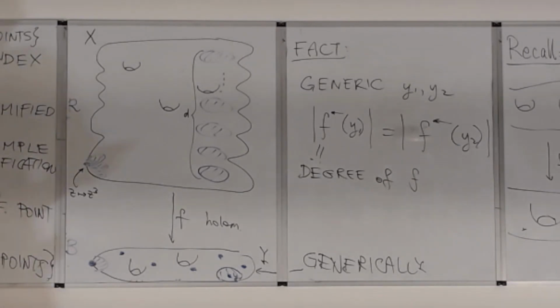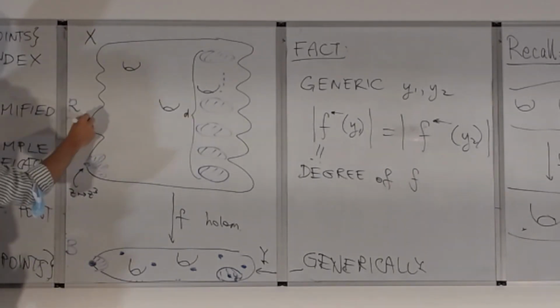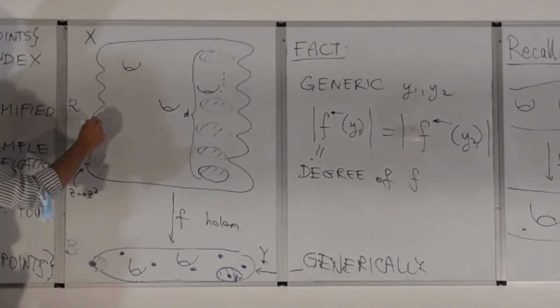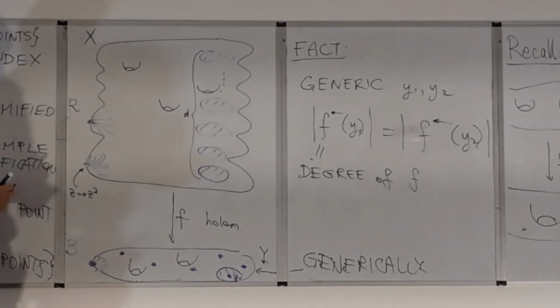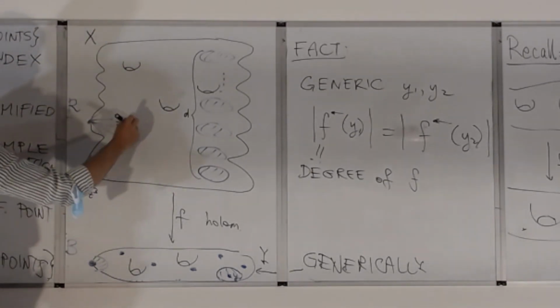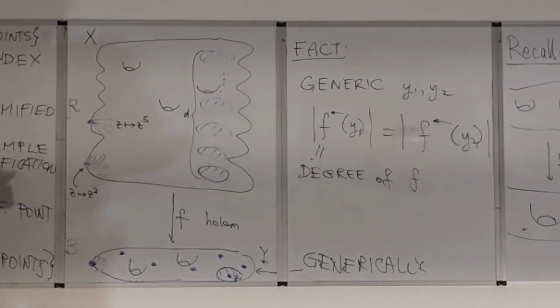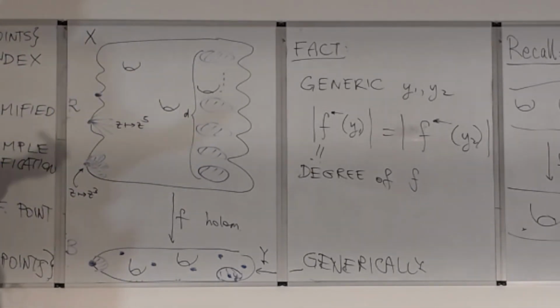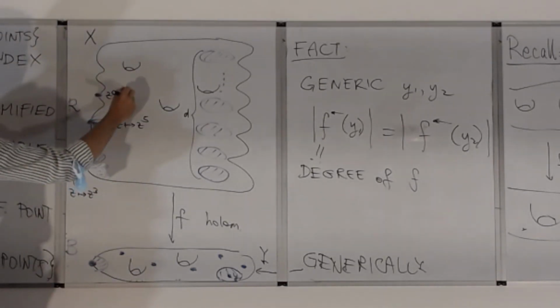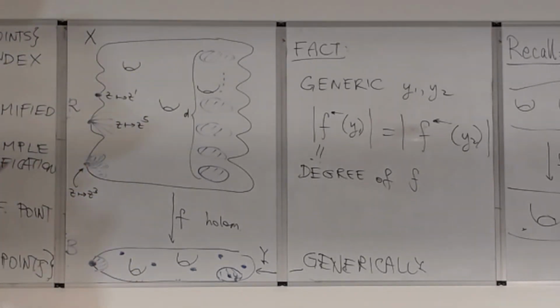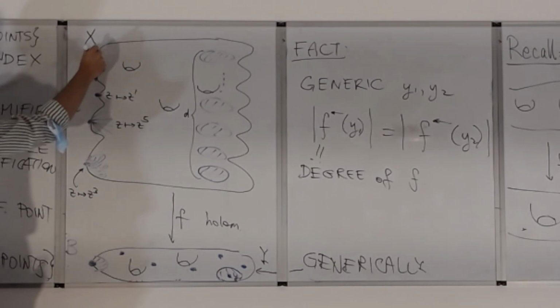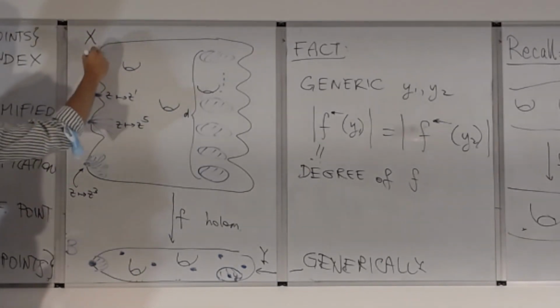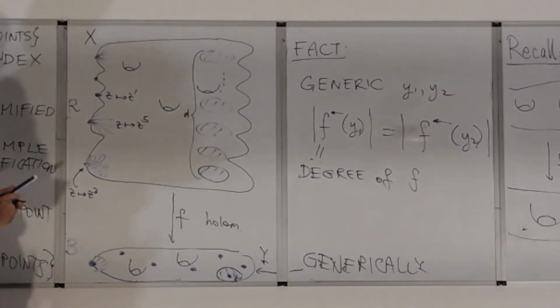And then if you do it here, you'll find maybe Z goes to Z to the power 5. And then here you will have another preimage, but maybe it's not ramified. This is maybe Z goes to Z to the power 1, so it's not ramified. And then you look at the other preimages, and here is 17. It doesn't matter.